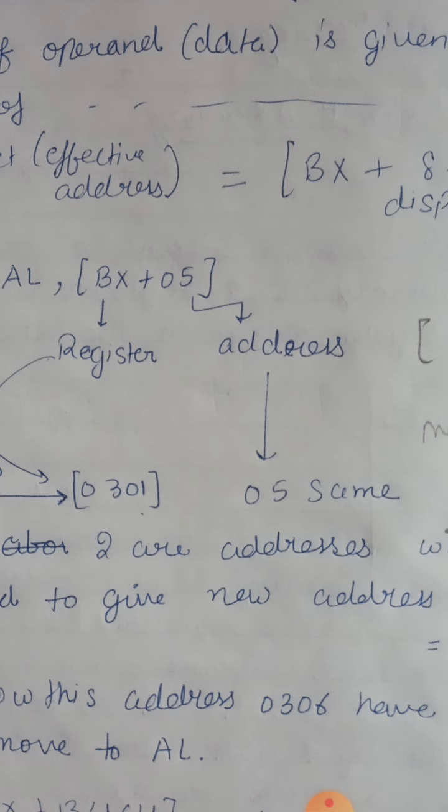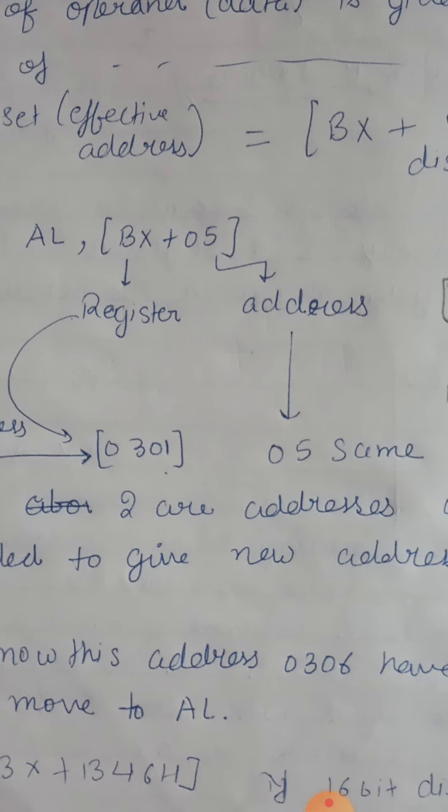It is just a way of expressing the address: the address is placed in the register, and that address is added with the displacement to give the final destination address.